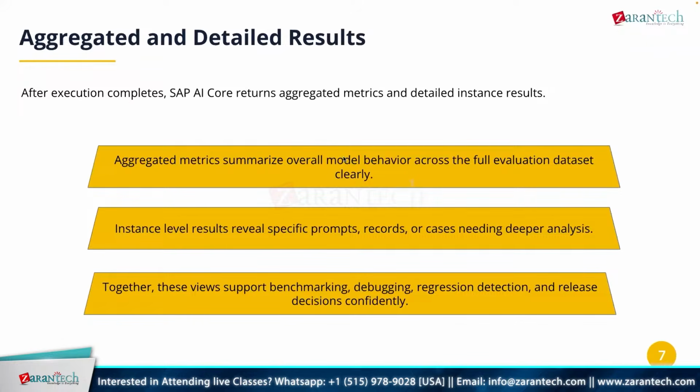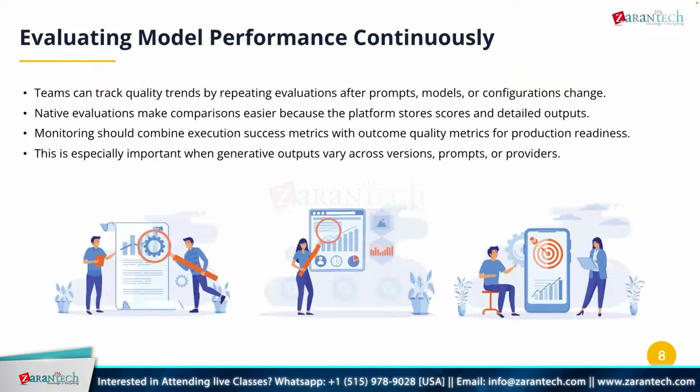Next one, evaluating model performance continuously. If you see this, teams can track quality trends by repeating evaluations. Native evaluations make comparisons. Monitoring should be combined, as I told you with the executions and these things, which is important when generating outputs. First of all, let's understand what continuous evaluation means.